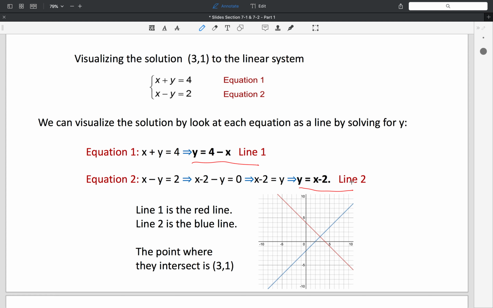The first line is in red, and the second is in blue. Then what you see right here is one intersection point. If you look closely, that's going to be the point. The x-coordinate is 3, and the y-coordinate is 1. So when you solve this system up here, what you're really doing is finding where these two lines intersect. So there's algebra and geometry involved here.